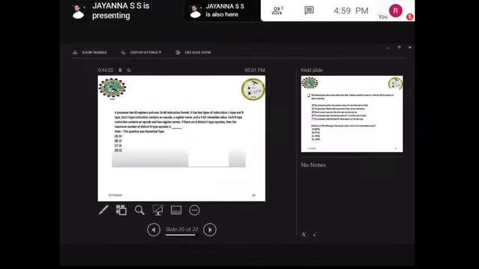So in this example, again you have to use the concept that there are 64 registers and a 16-bit instruction format. There will be 2 types of instruction format, I type and R type.